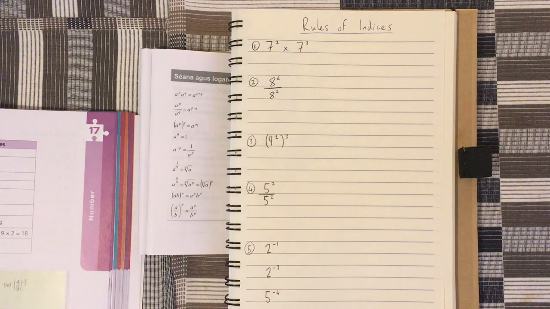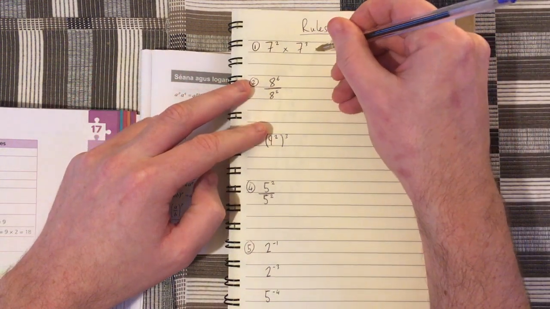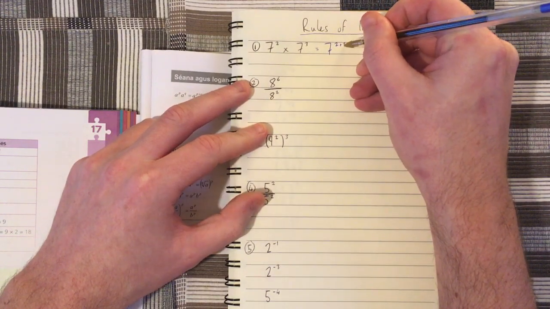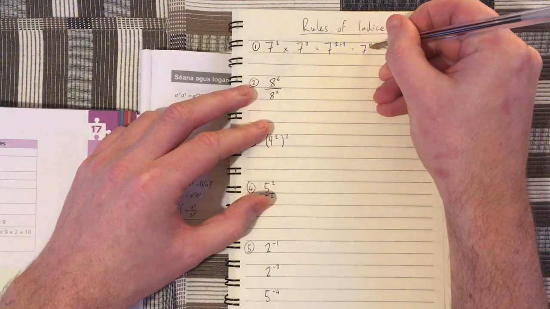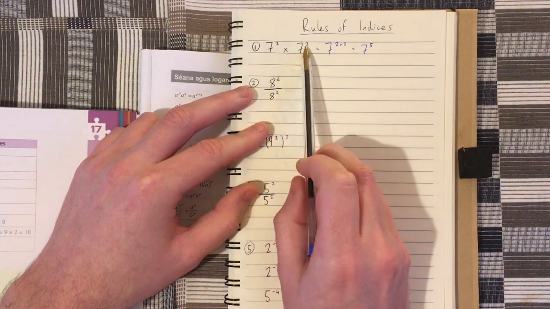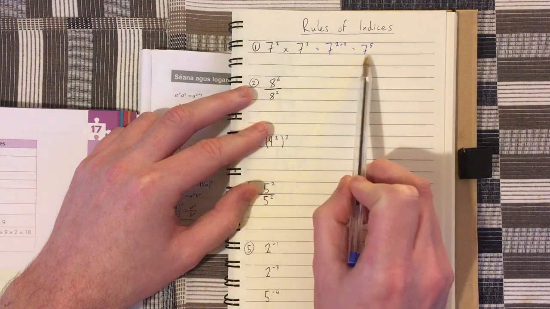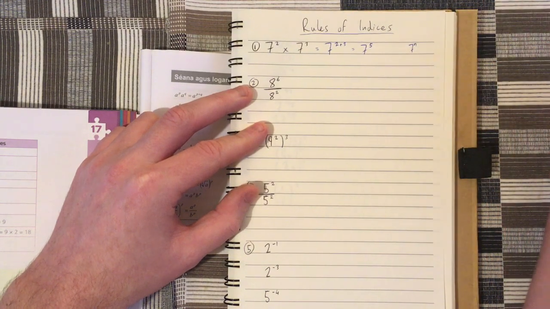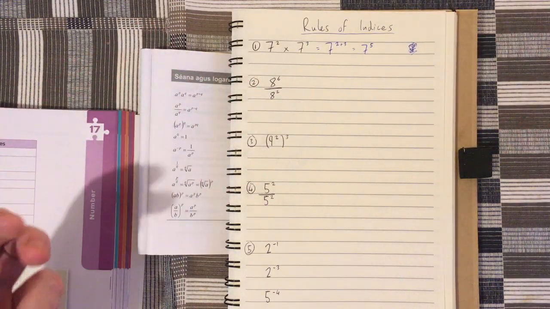So for example, 7 to the power of 2 multiplied by 7 to the power of 3 is equal to 7 to the power of 2 plus 3, which is equal to 7 to the power of 5. So when it's 7 to the power of something multiplied by 7 to the power of something, you can just add those powers. If I was asked to write those as a single power, or in the form 7 to the power of n, that's how I would do it. So it is 7 to the power of 5.